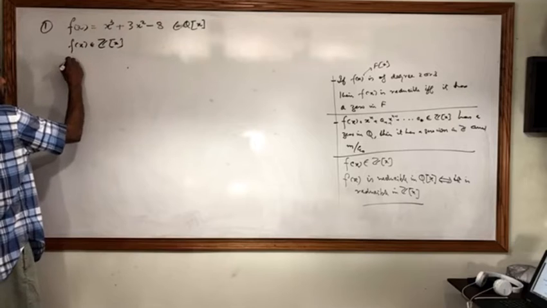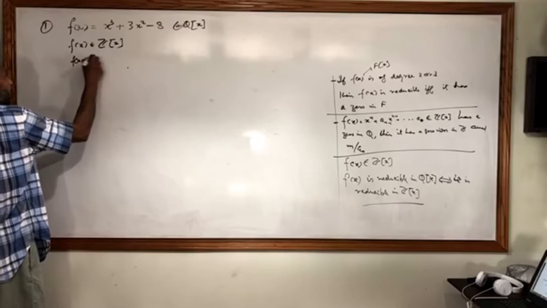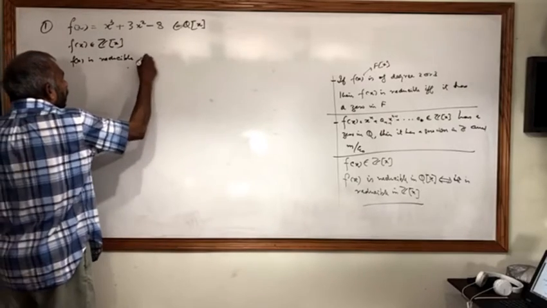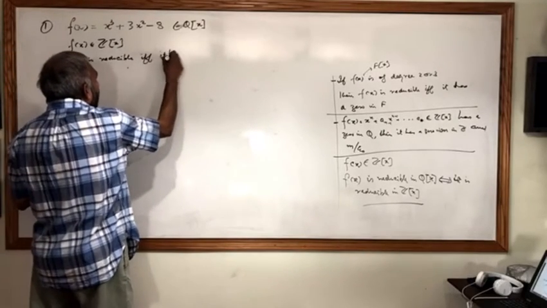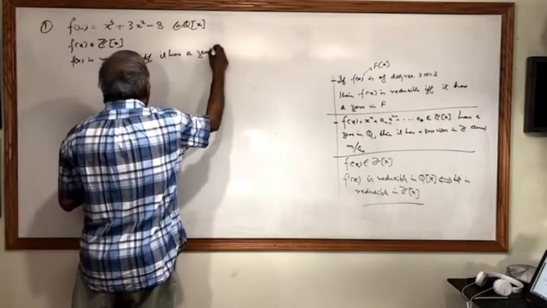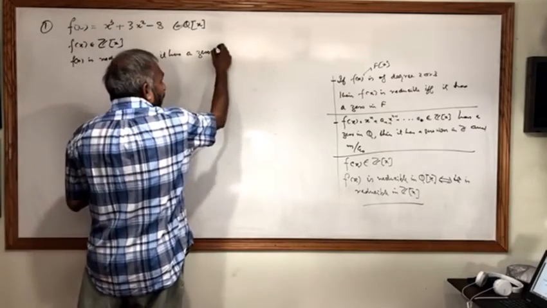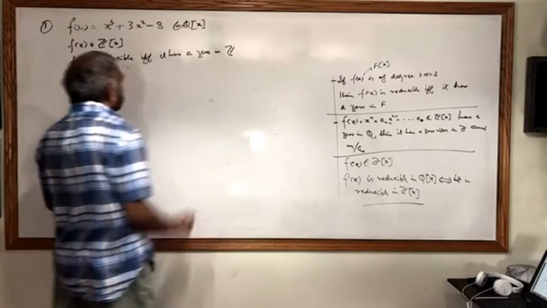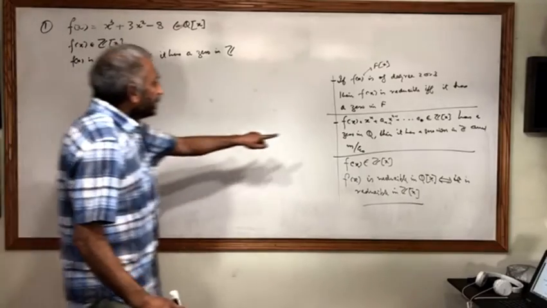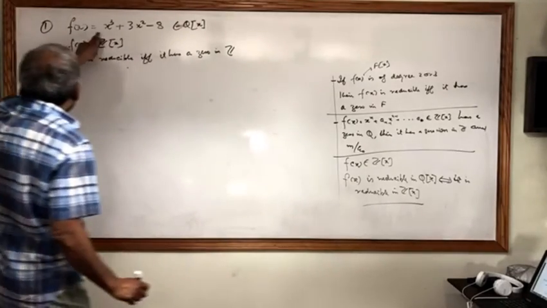So f of x is reducible if and only if it has a 0 in Z. And this says that this is in this form.